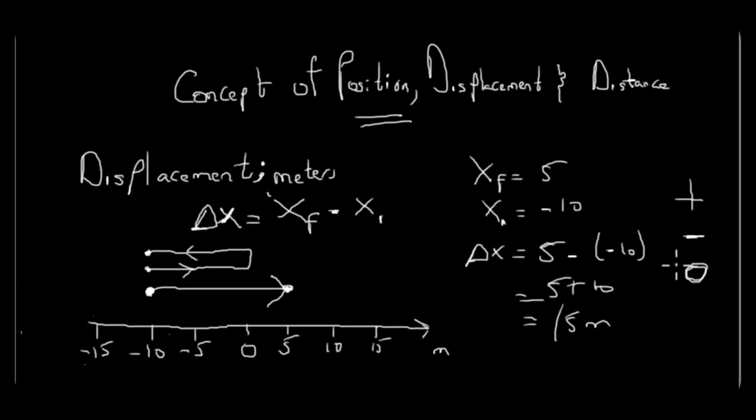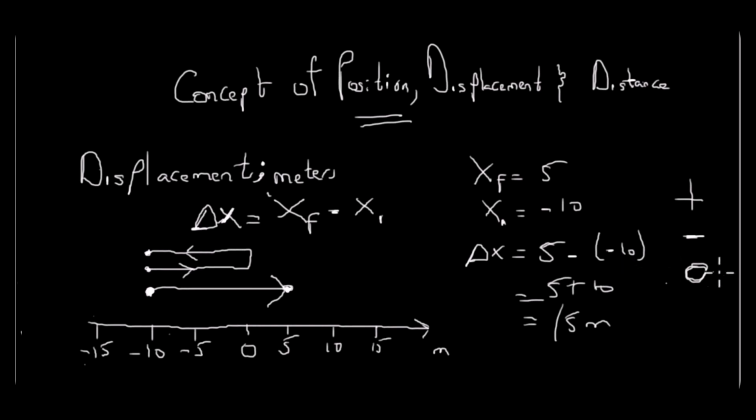To repeat what I've said, for displacement to be 0, there are two instances. Either the object hasn't moved, or the object moves and comes back to the same starting position. If that is true, then definitely displacement would be equal to 0.